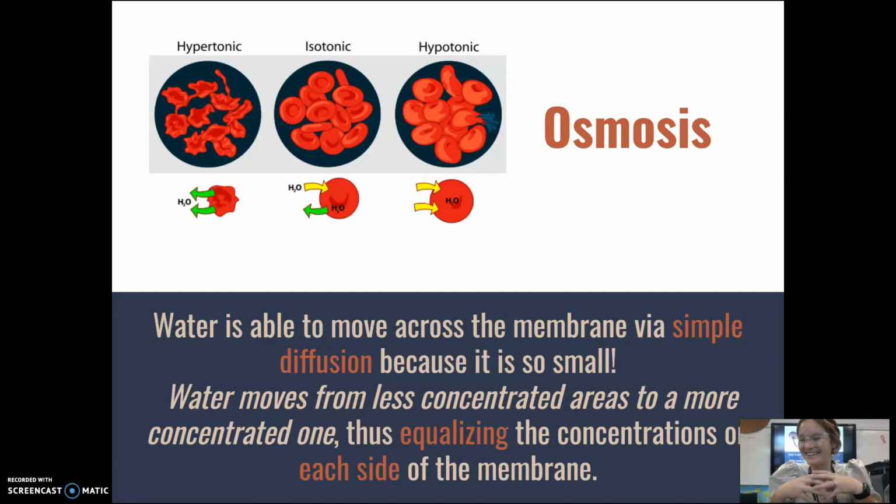Anyways, what they do with these frozen concentrates is they stick it in a blender and pour water in it, and that's going to dilute the concentration, essentially. So that's why we are adding water to that higher concentrated area, okay? Because our goal is to equal out the concentration.